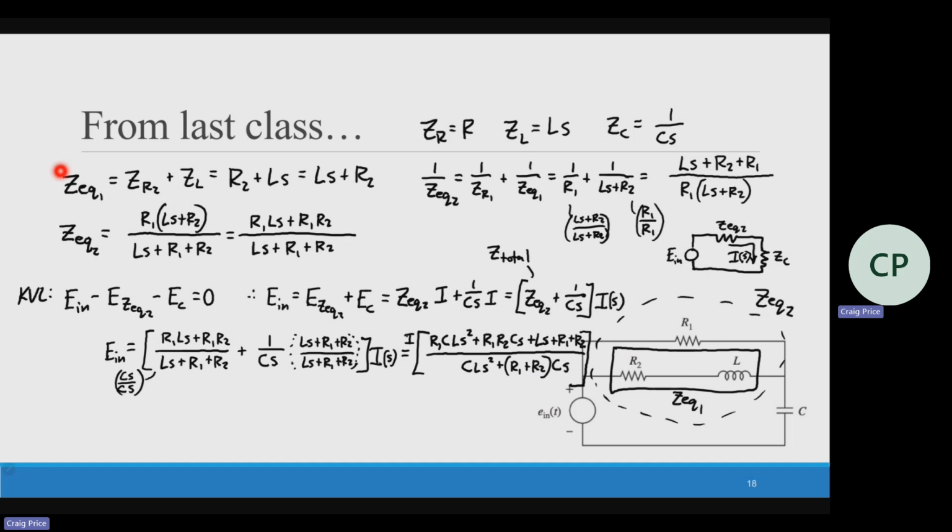All of these elements together, this is what it looks like, which is close to our transfer function. If I was just looking at the current, like what is the current with respect to the input voltage, that would be this transfer function. But what the problem actually asked for, what I was looking for, is the capacitor voltage with respect to En. So we're almost there.